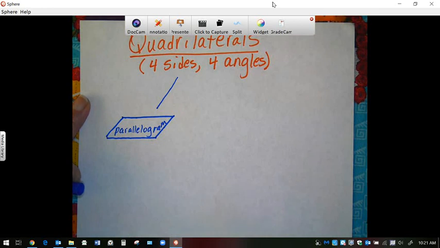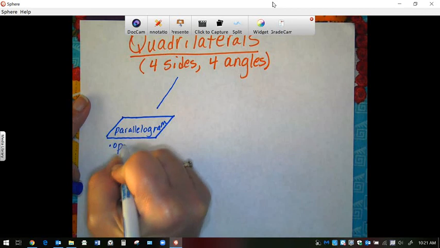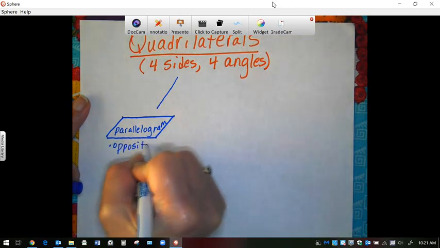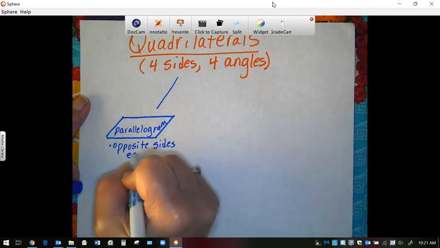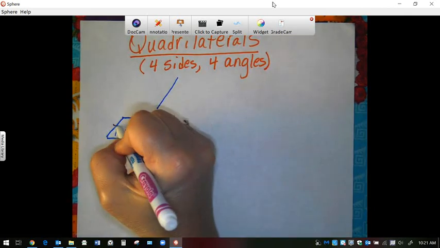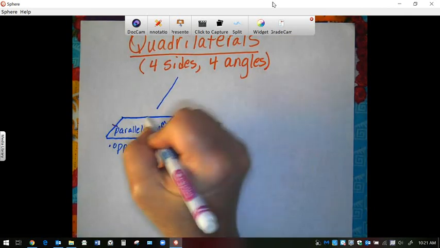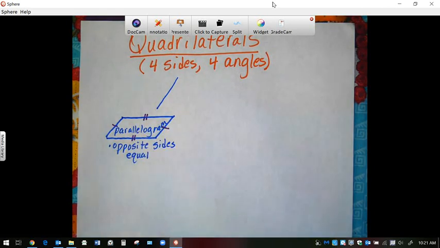Now, the features of a parallelogram is that opposite sides are equal. So that means that this side is equal to this side, and this side is equal to that side. Parallelogram, opposite sides are equal.